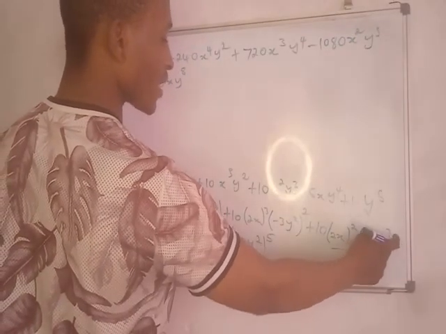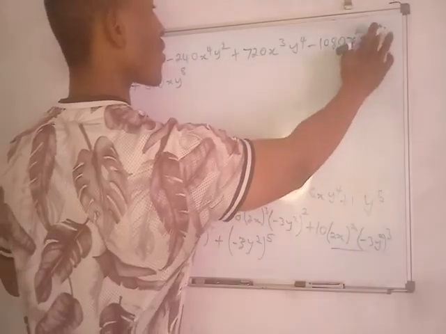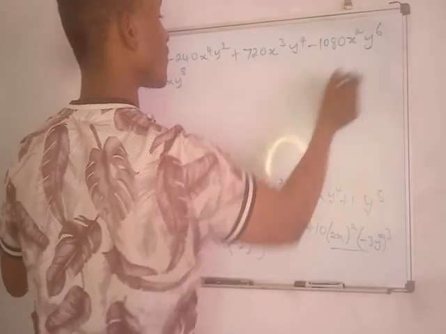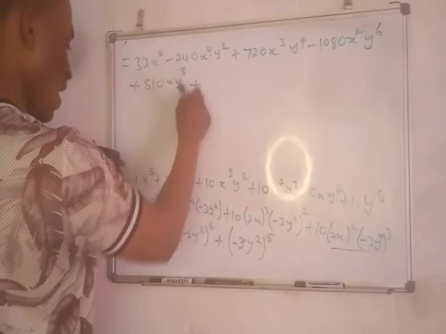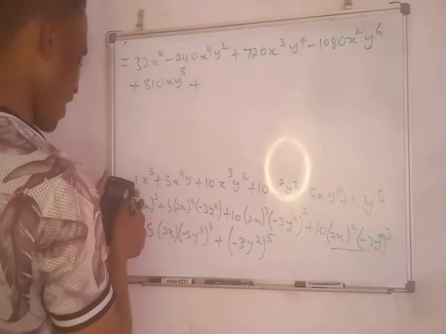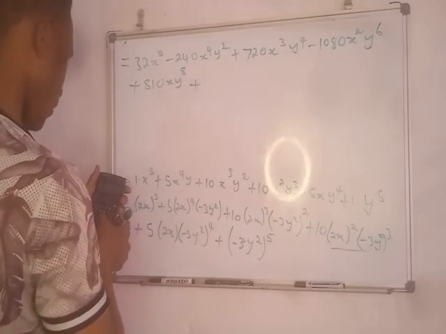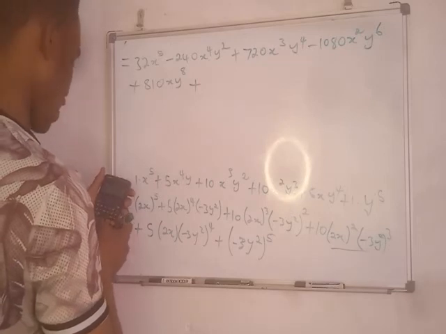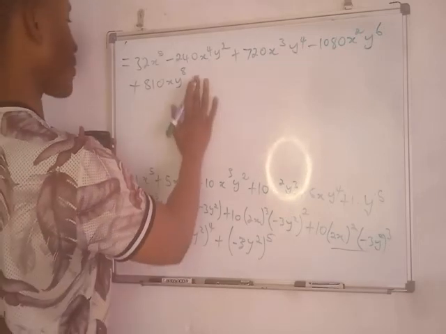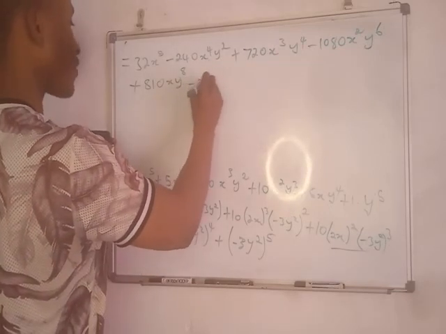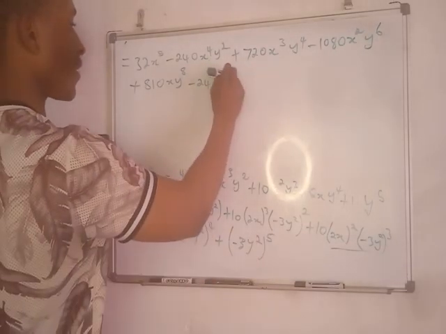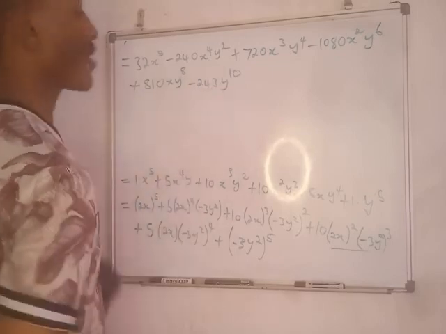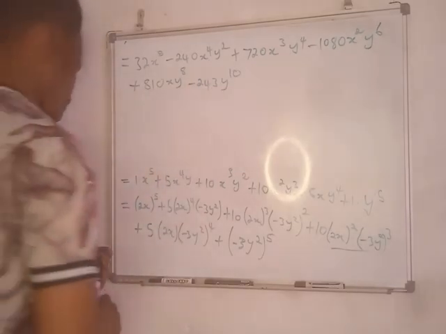So it will be 4 times 2, which is 8. Plus minus 3 to the exponent 5, which is minus 243, y to the 5 times 2, which is 10. So this is how you expand something like that.